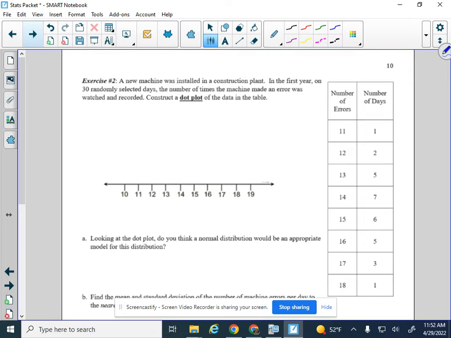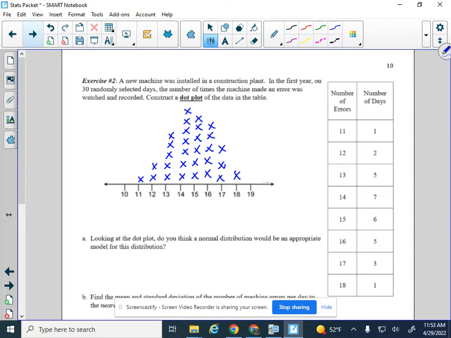So we have the 11, and we have 2 12s, 5 13s, 7 14s, and 6 15s, 5 16s, 3 17s, and 1 18.